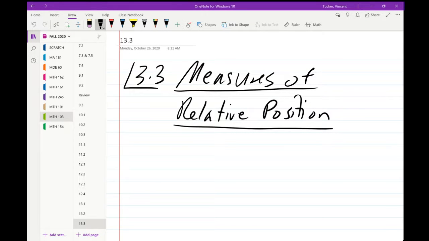All right, 13.3 measures of relative position. Okay, we start off with z-scores.